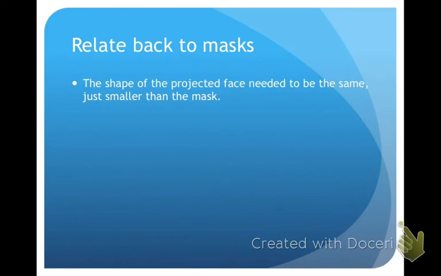So let me just add some notes here, some general things that you need to know. Only size affected, not shape. So what does that mean? What does shape mean? That means the angles don't change.